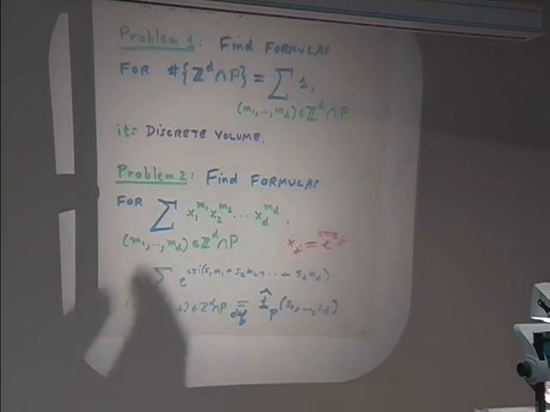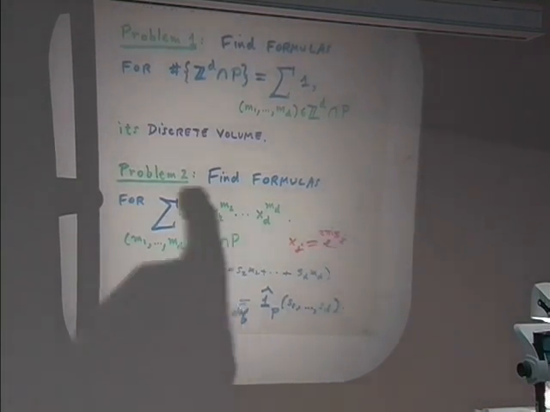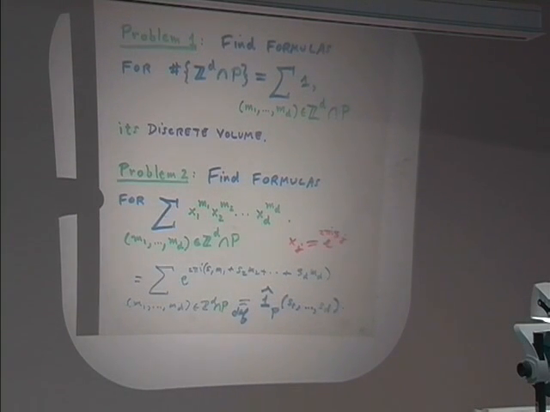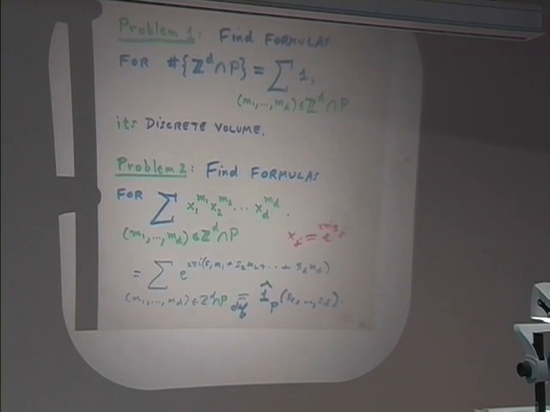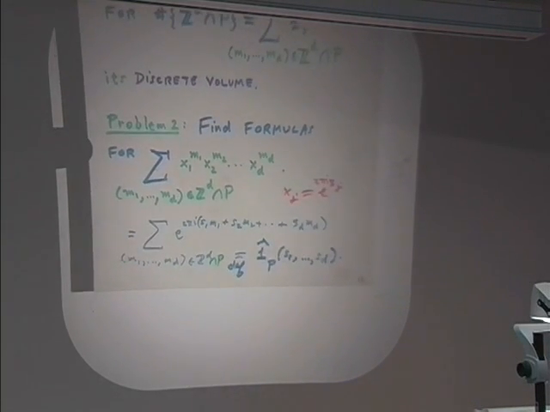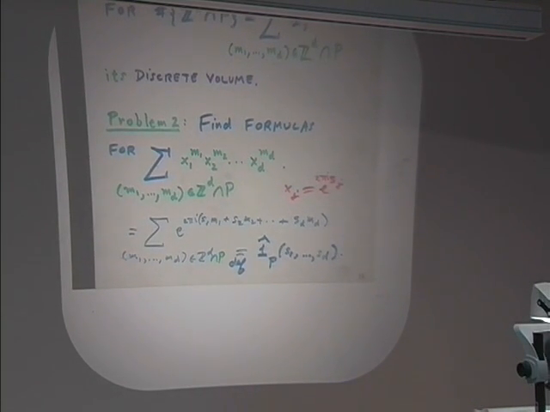There are Gröbner basis techniques for doing this, but I like to think of it as really a discrete Fourier transform. When you make the change of variable x sub j equals e to the 2 pi i s sub j, you really see it's the sum of e to the 2 pi i vector s dot vector m, which is exactly the discretized integral of e to the 2 pi i s dot m, which is the definition of the Fourier transform of the object.